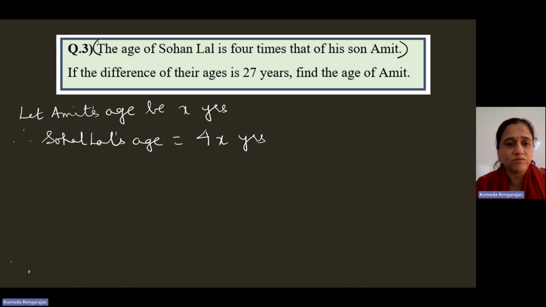That is done, so don't use this information again to construct the equation. Agree, all of you? Now, have we used the information that the difference of their ages is 27 years? No. So we use this to construct the equation, solve it, and find the value of x, which is Amit's age.